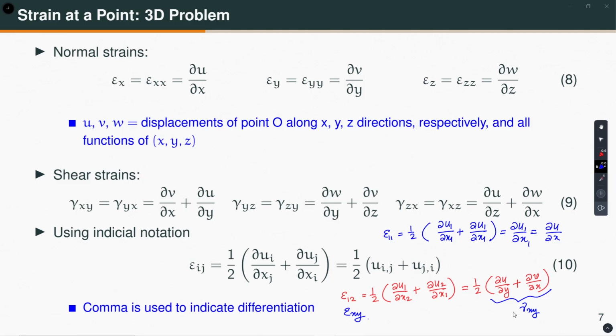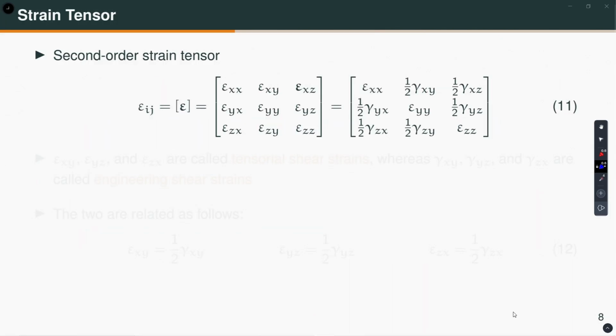Okay. I can also write these 9 components in a matrix form, and this is also a second order tensor. So, epsilon xx, xy, xz, yx, yy, yz, zx, zy, zz, and in terms of gamma, as you can see, these are all 1 by 2.